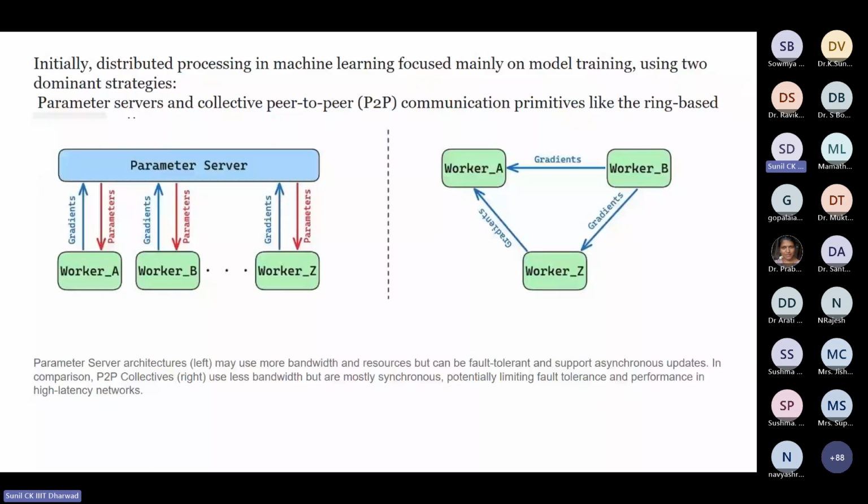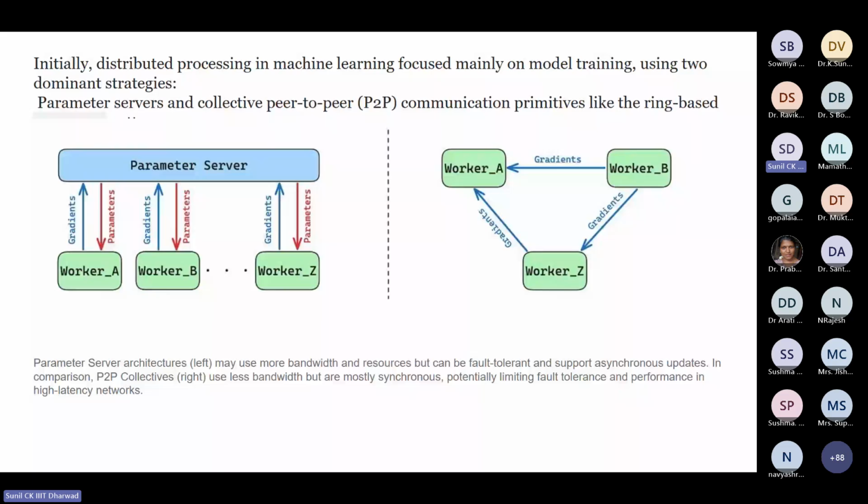Initially, in distributed processing systems for machine learning, the focus is mainly on two things: parameter servers, and collective peer-to-peer communication primitives like the ring-based ones. The first one is the parameter server.